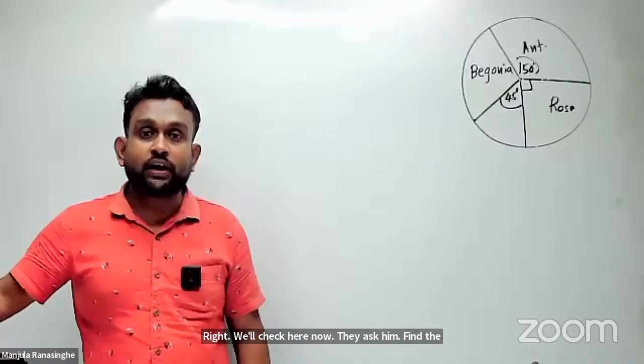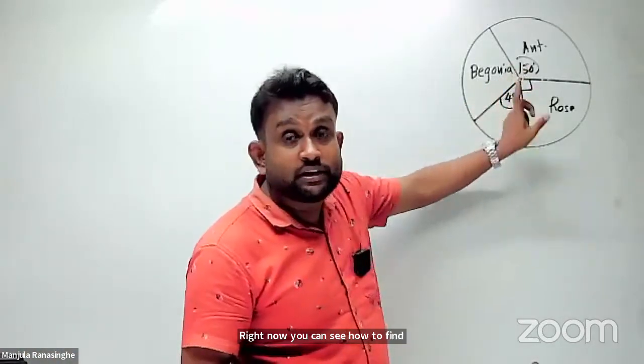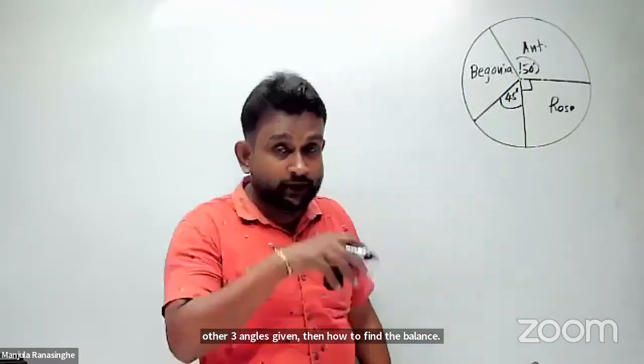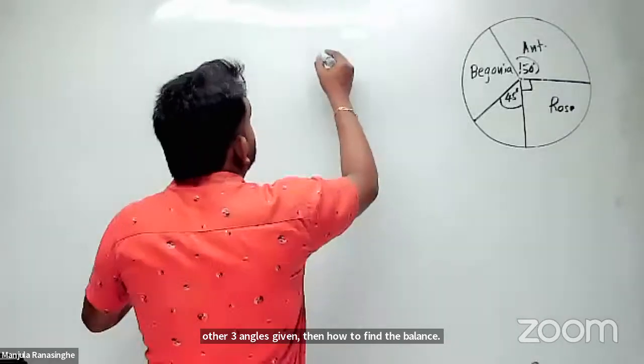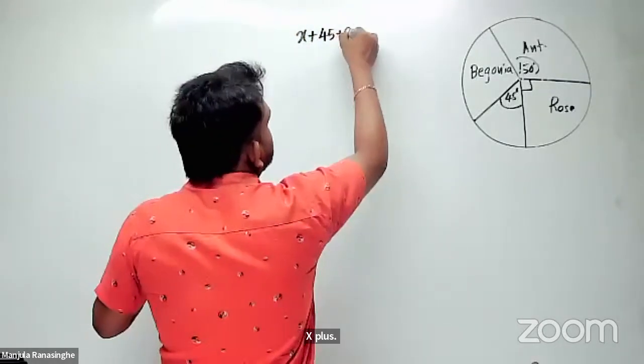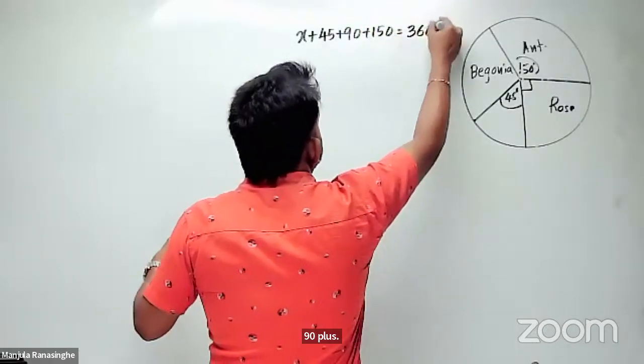Now, you can see how to find this angle: all other three angles are given, then how to find the balance. All these four angles add up to 360 degrees. So x plus 45 plus 90 plus 150 equals 360 degrees.